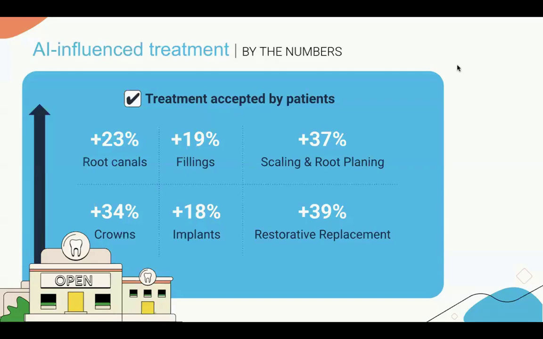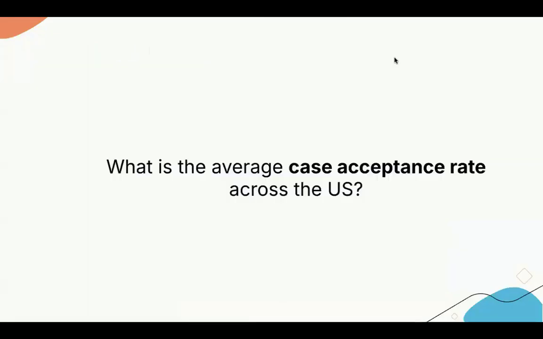So that's more patients getting more treatment earlier, so they're not having things turning into root canals or crowns, which obviously we know has a great post-op experience. They refer their family and friends, and they keep coming back. I think that's the crucial part here when we're talking about case acceptance. When we look at the average case acceptance in the US, it's typically around 50%, and half of that for a new patient.